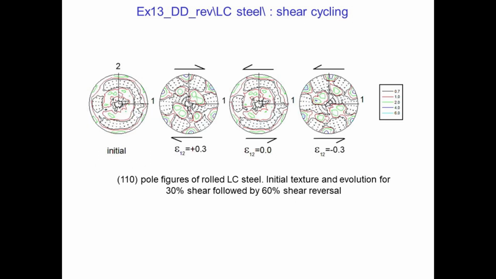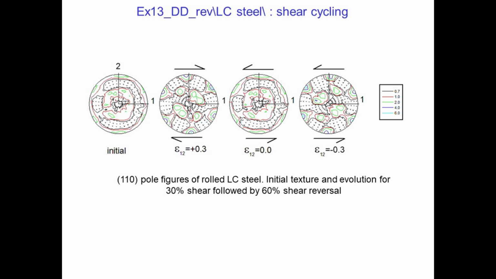And these are the textures that result. We start from a material that is initially textured. This is the actual experimental texture of the material. After the first 30%, you get a shear texture. For BCC, this looks different from the texture for FCC. Although if I plot this, it is slightly different because you now have two modes of deformation, not one.